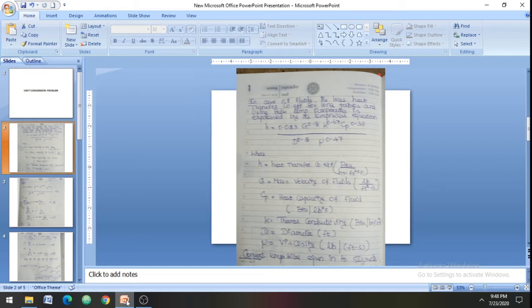What is the numerical term? In FPS unit, the numerical term is 0.023. Whereas in SI unit, what is the numerical value in this empirical equation? So we want to calculate it. So we will discuss.